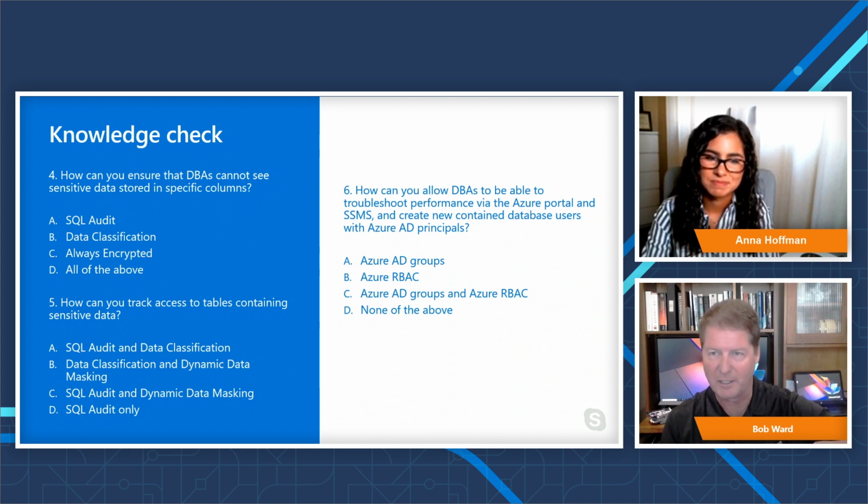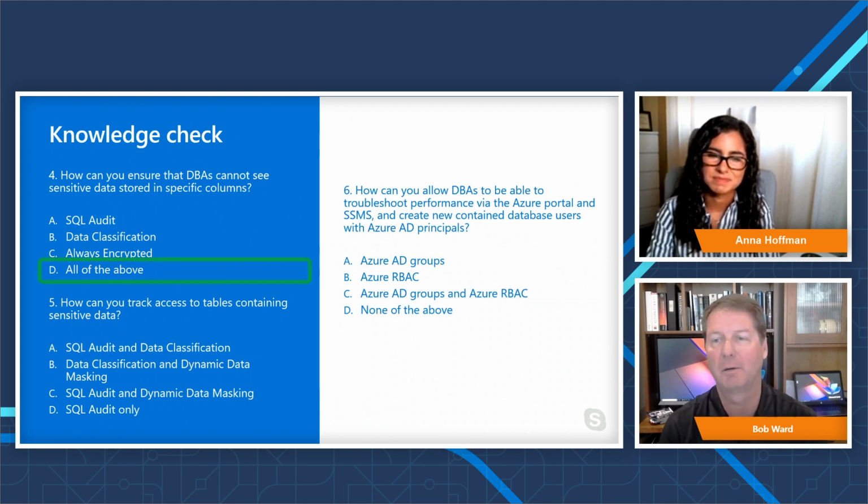If you just do process elimination here, B and C are possible, but you don't have a choice for B and C, and it can't just be B or C. It's got to be D. It's the only possible thing. But I can understand where somebody would look at this and say auditing on its own is not going to prevent it, right? But in combination with it, it could be. Very tricky. All right, let's take a look at question 5.